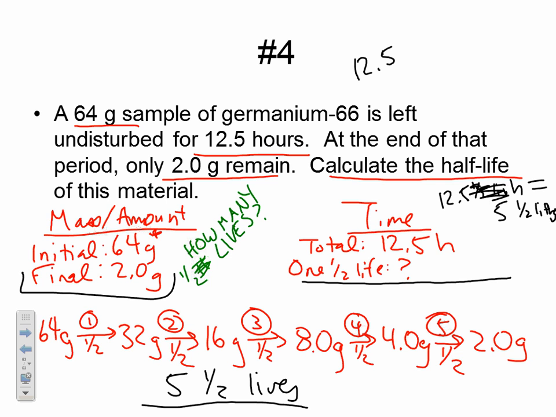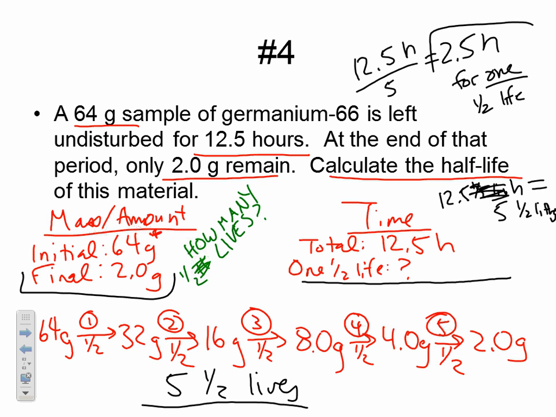Well, we can divide the 12.5 hours by 5 in order to tell us how long 1 half-life is, right? In 12.5 hours, it's undergone 5 half-lives. So 1 half-life must be 12.5 divided by 5, which means that 2.5 hours is the length of 1 half-life, which is exactly what the problem is asking for.